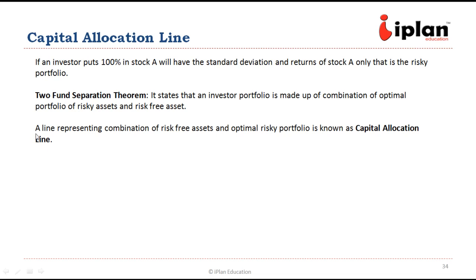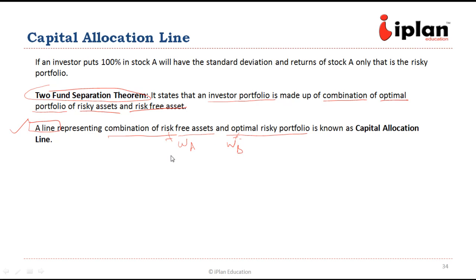Let us look at the two fund separation theorem. It says that an investor's portfolio is made up of a combination of an optimal portfolio of risky assets and risk-free assets. The line represents the combination of risk-free assets and risky portfolios with various weights. For example, WA is risk-free, WB is risky.